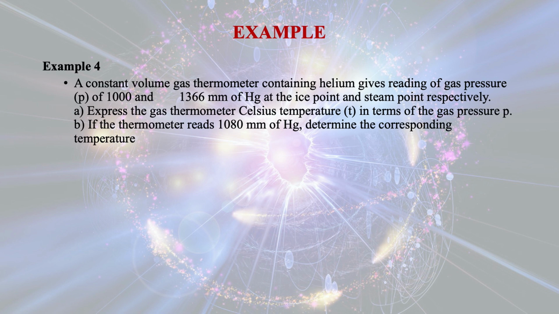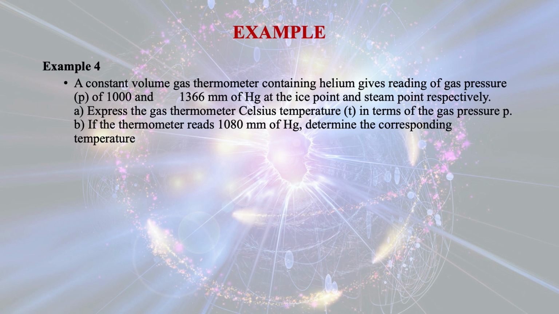So at 0 degree centigrade, the gas pressure is 1000 millimeter of Hg, and at the steam point, that is at 100 degree centigrade, the gas pressure is 1366 millimeter of Hg. Express the gas thermometer Celsius temperature T in terms of the gas pressure P. And the second part of this problem is, if the thermometer reads 1080 millimeter of Hg, determine the corresponding temperature.